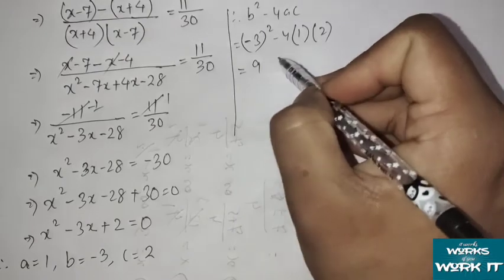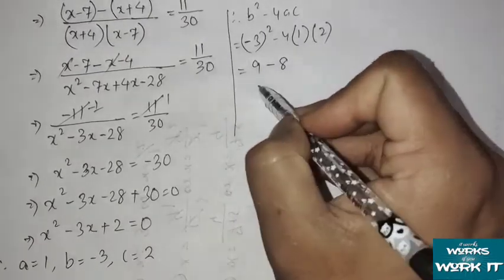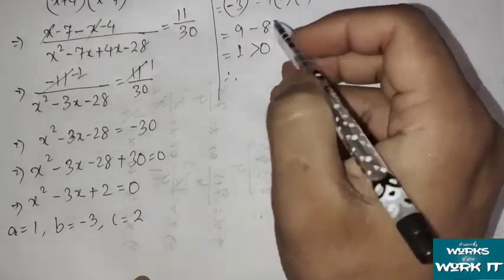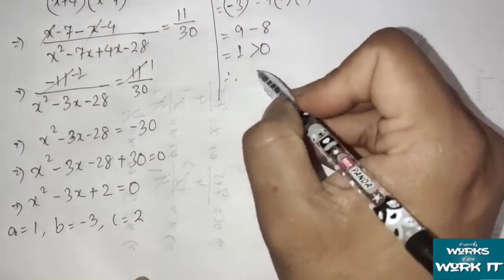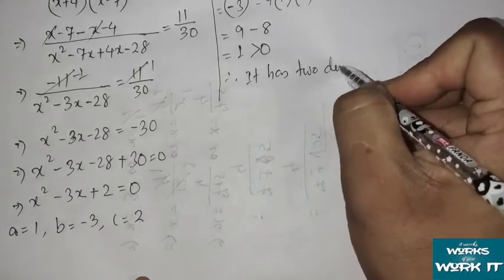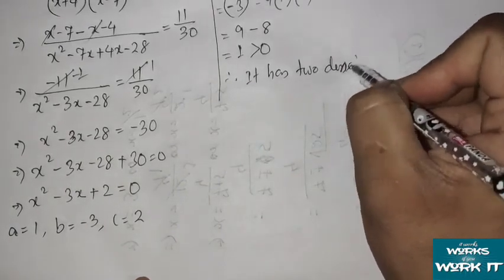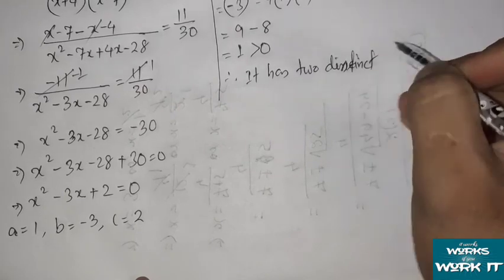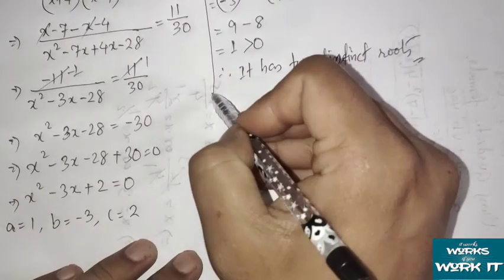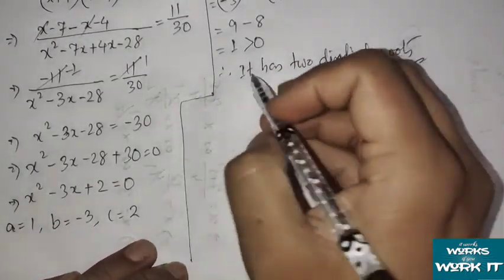So here it is 9 minus 8, that is 1, which is greater than 0. Therefore, using the nature of the roots, it has two distinct roots.